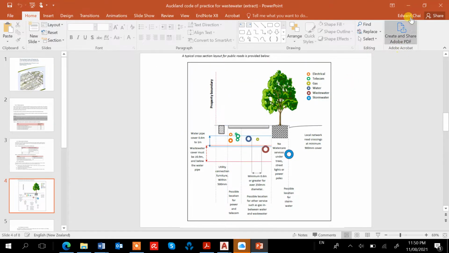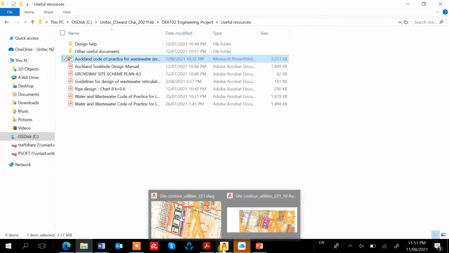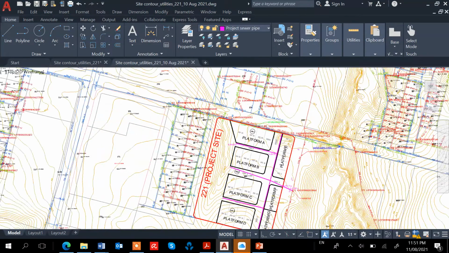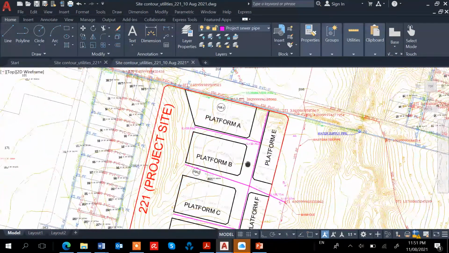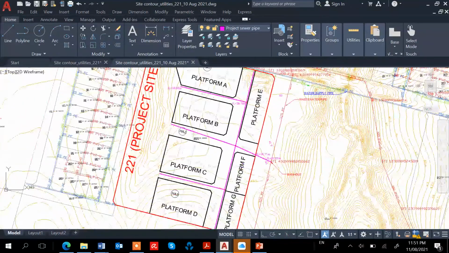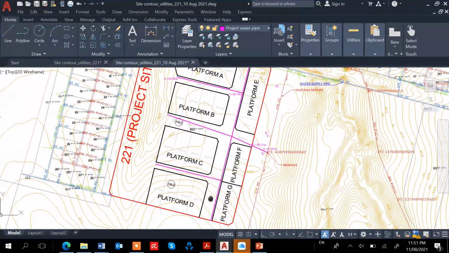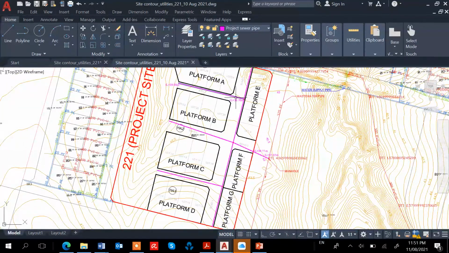Okay, so actually I did do some of the wastewater pipe. Later on, I will demonstrate how to draw this to determine the wastewater pipe. So we need to roughly sketch the layout of the wastewater pipe, in the magenta color.